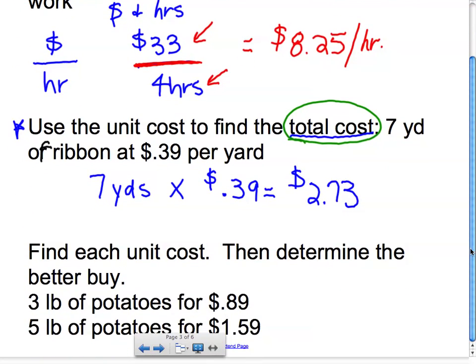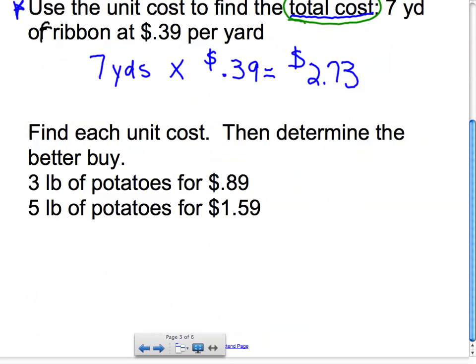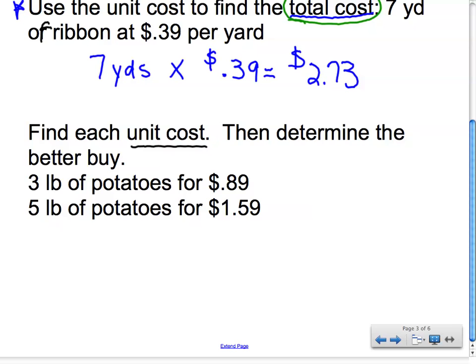The last problem we have here, find each unit cost. Here again we're dealing with unit cost. Then determine the better buy. This is something that I'm sure your parents do when they go to the grocery store, anytime you're shopping.